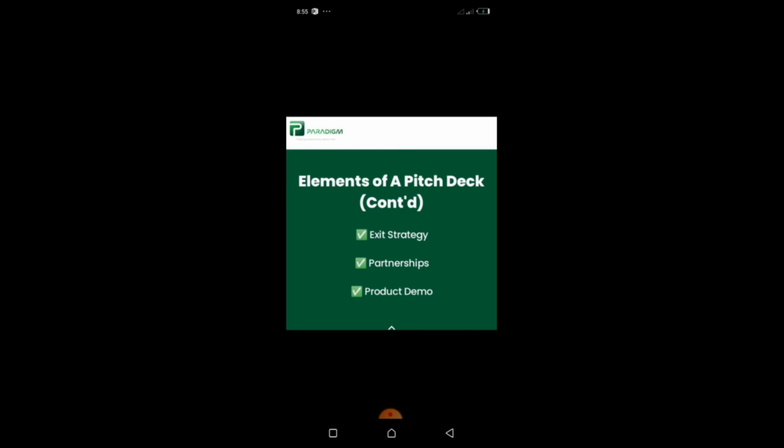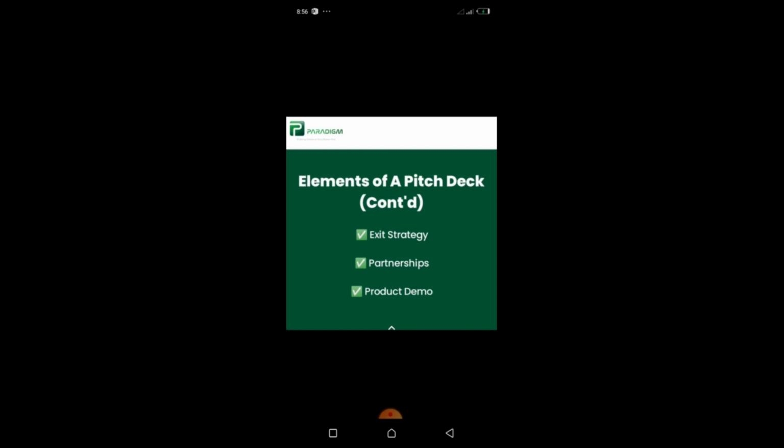We have a partner that helps us with registering your business with the CAC, with the tax board. So this partnership must be included in your pitch deck. It makes your potential investor see you as a serious business, and it helps them know the processes that you follow in your business.